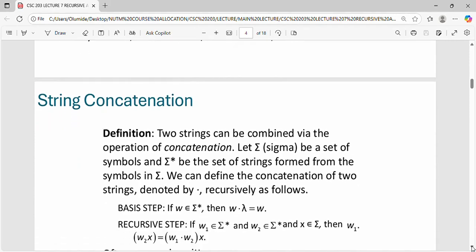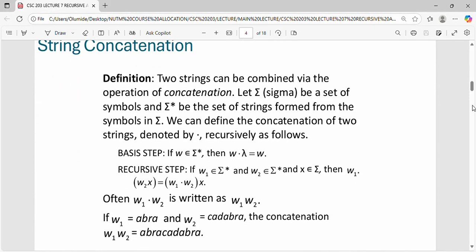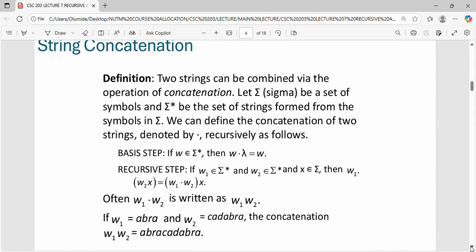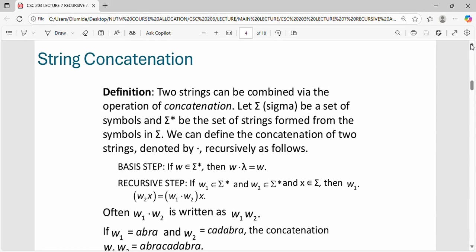Now let's look at string concatenation. We all know what a string is. Two strings can be combined via the operation of concatenation. Let sigma be a set of symbols and sigma star be the set of strings formed from the symbols in sigma.